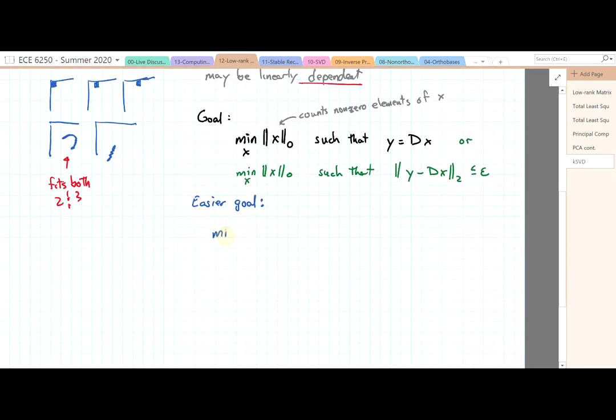And this one, we're going to minimize over D and X the norm of y minus Dx, subject to, for every i, the norm of vector x_i being less than or equal to s.